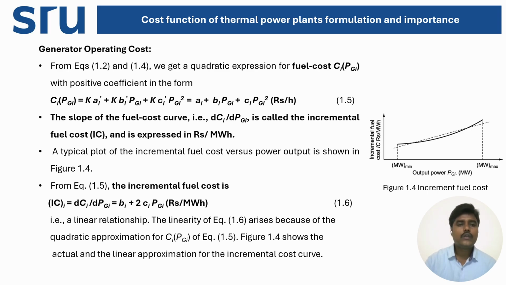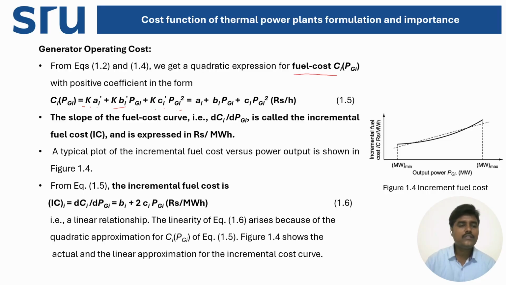Now, the quadratic expression that can be expressed for fuel cost Ci of PGi as K into Ai dash plus K into Bi dash PGi plus K into Ci dash PGi square. So K is the constant, it is a fuel cost that is constant, and Ai is also constant, Bi is also constant, Ci is also constant.